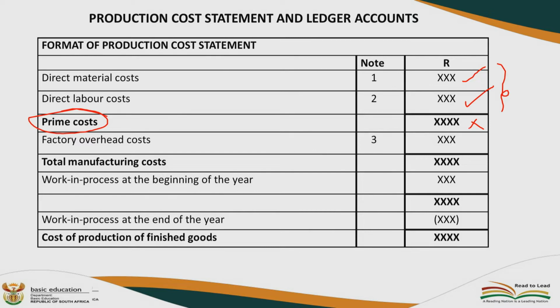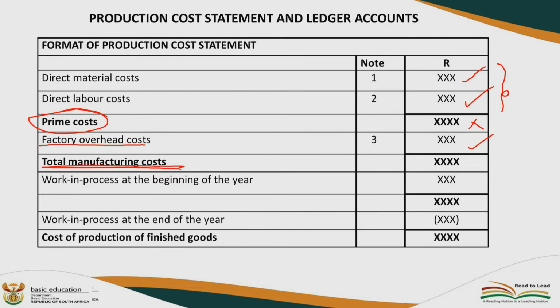Now, to your prime cost, you're going to add something as well. What are you going to add to your prime cost? You guys are correct. You're going to add what is now known as factory overhead cost. You remember, we did speak about it previously. So you add your factory overhead cost to your prime cost, and then you have what is known as total manufacturing cost.